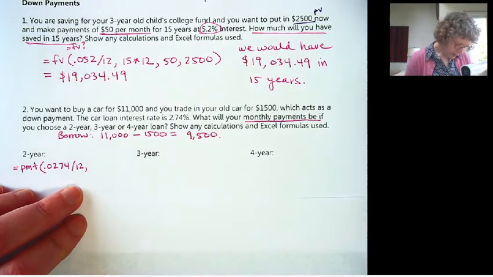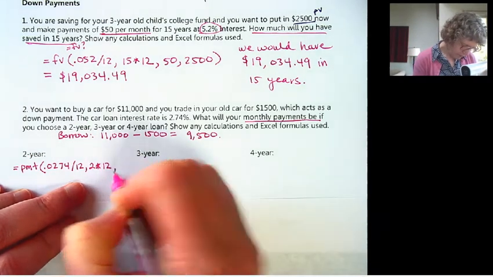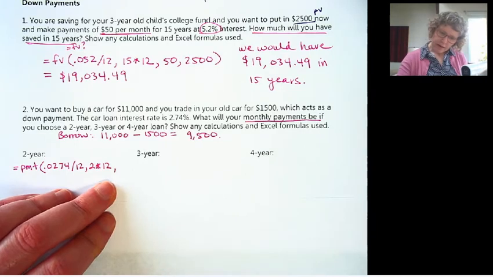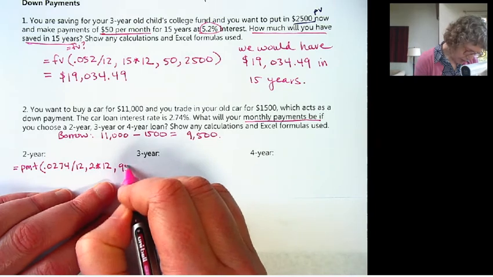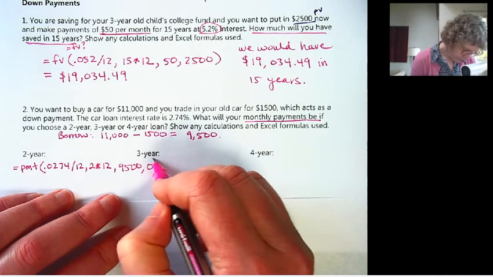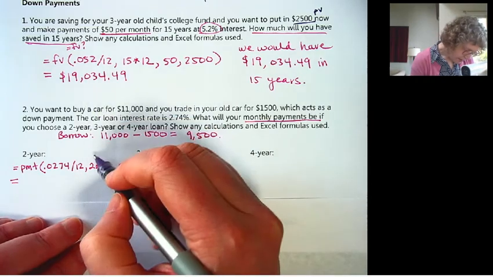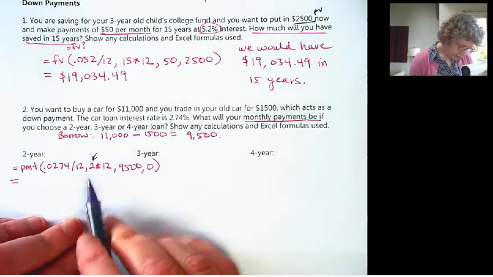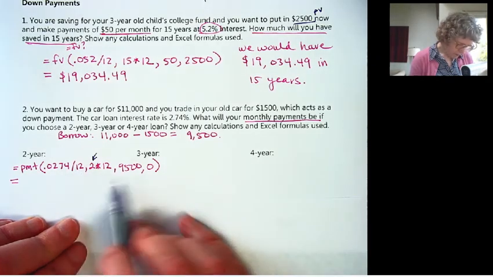Then our number of periods. Okay, this is what will be different, right? Because 2 years is 2 times 12. And then our present value, we want to buy the car. So our loan value is $9,500, and we want it to go down to 0. So that's our payment. And then this is the only thing that's going to change from 2 to 3 to 4. Everything else will be the same.